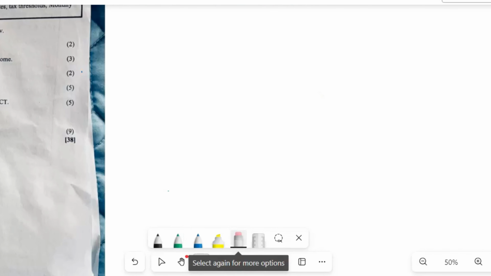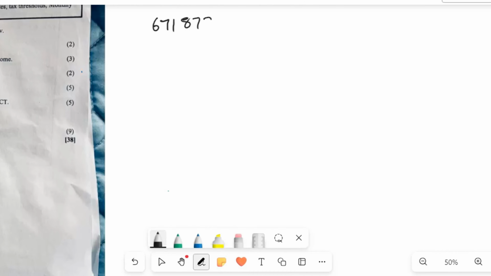So let us find the taxable income. We have calculated that in one of the previous questions, and we said the taxable income is 671,872 minus 50,390.40.